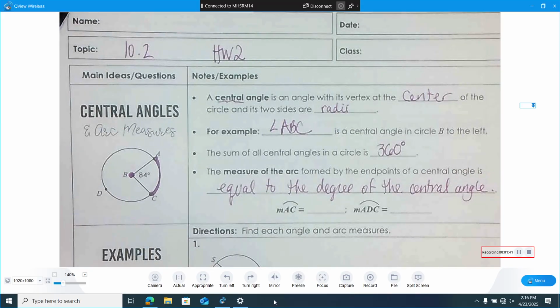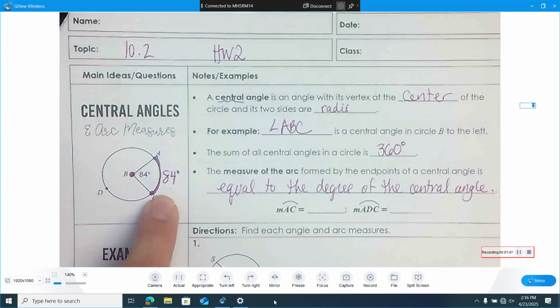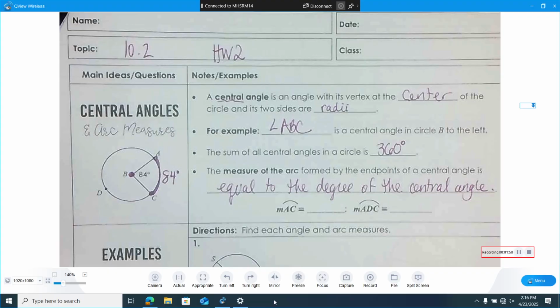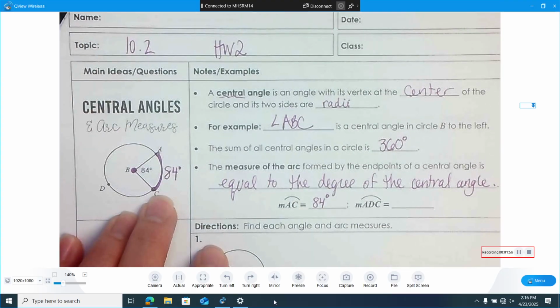In short, the measure of the central angle is equal to the measure of the arc it intercepts, the intercepted arc. So the measure of arc AC is also 84 degrees.